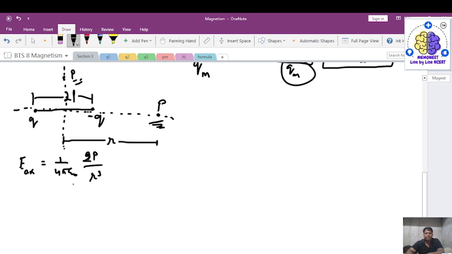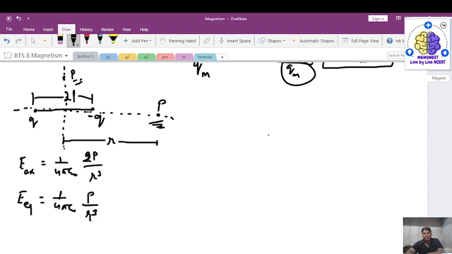Similarly, the electric field intensity on the equatorial line was 1 by 4 pi epsilon naught into p upon r cube.